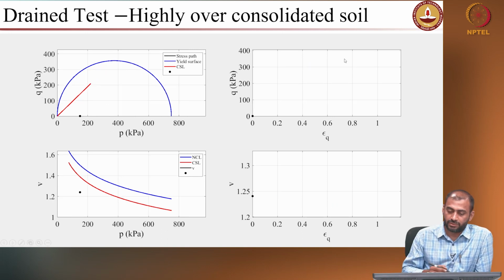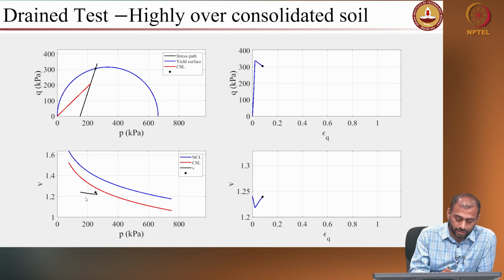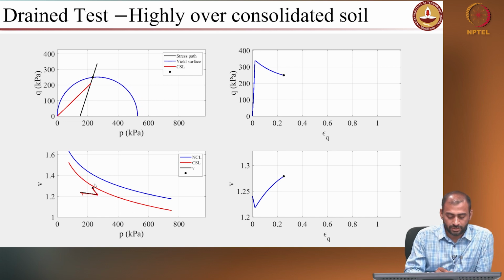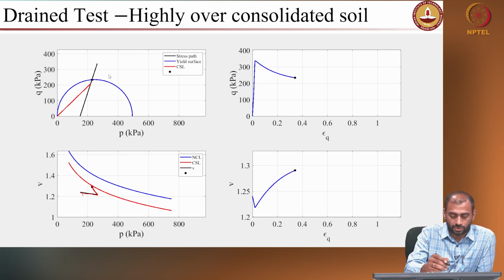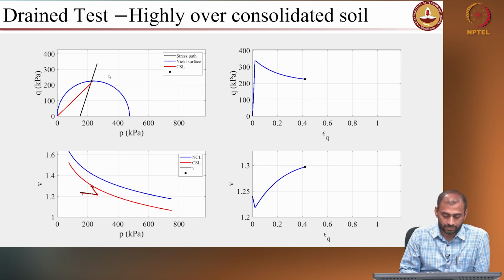In case of heavily over consolidated soil, you can see the specific volume contracts, right. After that it dilates. You can see a clear increase in void ratio before it reaches the critical state, and your yield locus also contracts since it's experiencing some sort of a dilation, right.